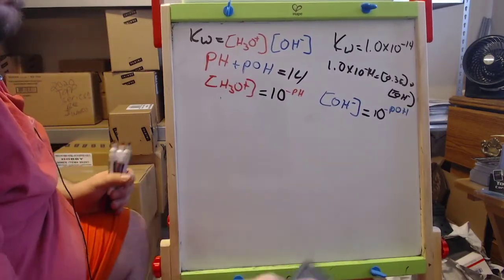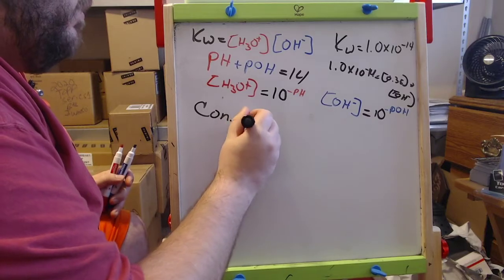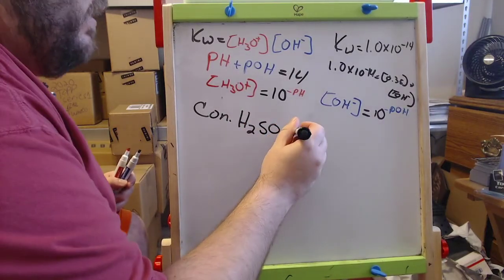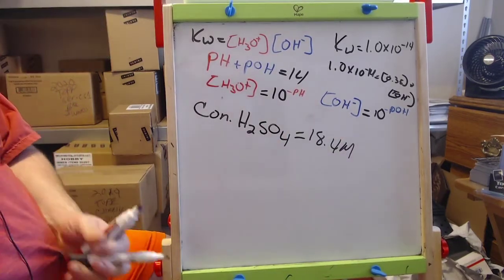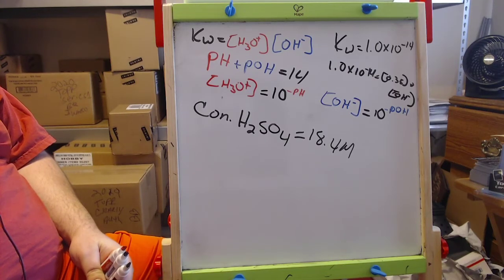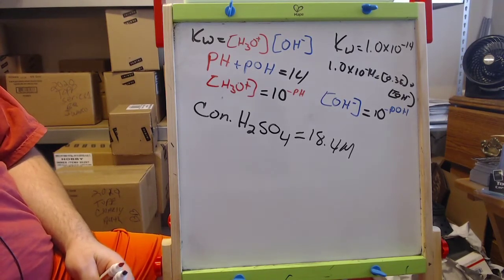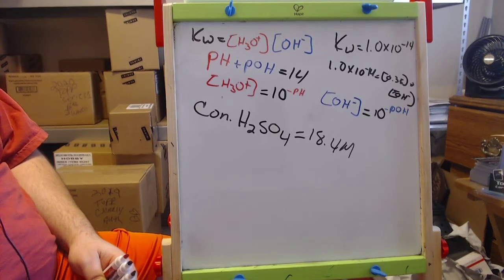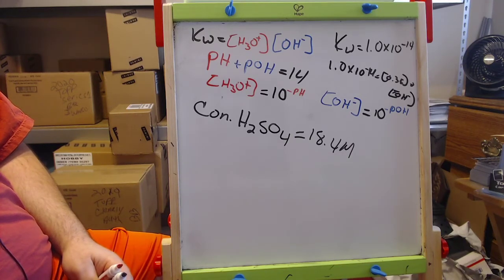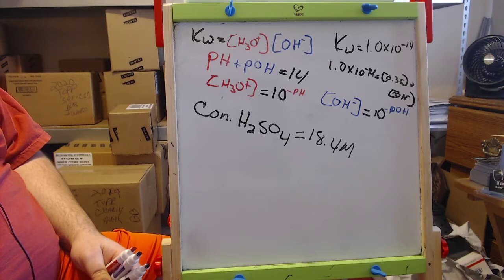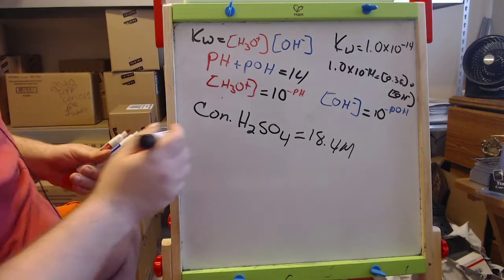Concentrated sulfuric acid has a molarity of 18.4. Concentrated nitric acid is 15.8. Okay?